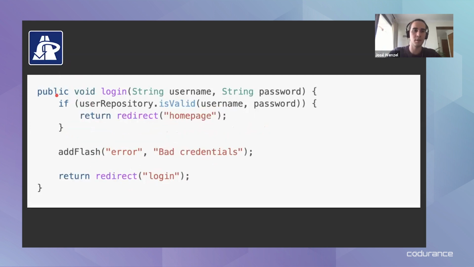It's very simple to do the early return. We just do, if the user repository is valid, then I will redirect and then return. And if the user is not valid, then you will throw an error.